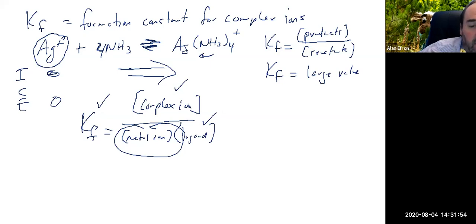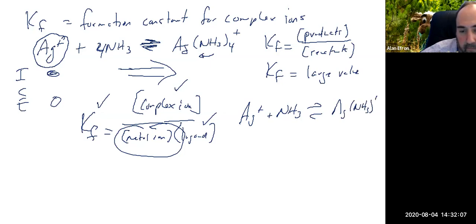Remember that the ligands here come on one at a time. So the first step is, for example, the first one gets put on here, and you can have a K value for that.